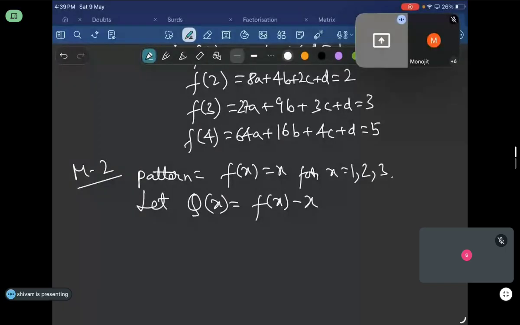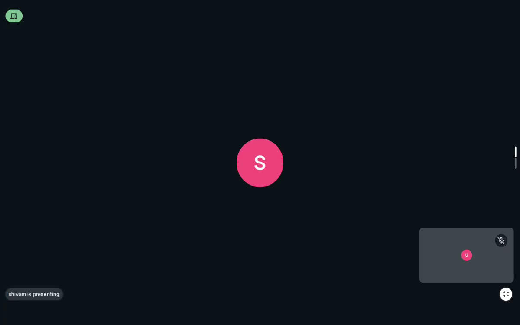Now tell me, everyone, what is the degree of q of x? Raise your hand. What do you think the degree of this polynomial should be? Yes, 3. Why?